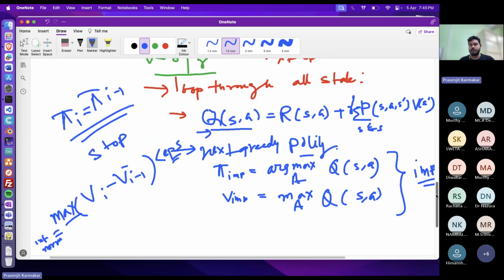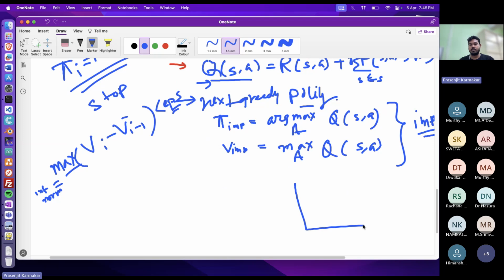The values converge like this. Let's say this is the optimal value, and your value function would converge like this.